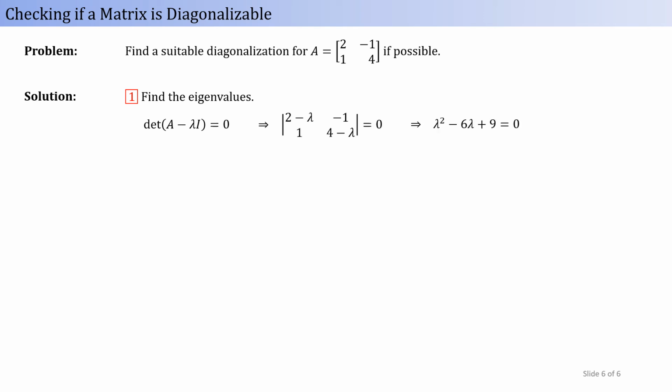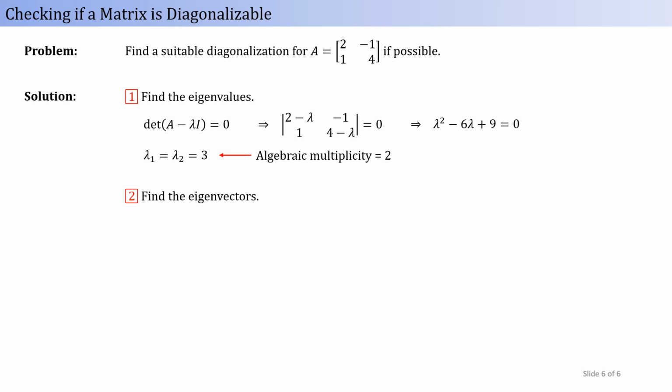So you do that and you get the characteristic polynomial. And if you factor that, it's actually a perfect square. It's like (lambda minus 3) squared, right? So you get that the eigenvalues are the same. They are a double root of this polynomial. So we say that the algebraic multiplicity is 2. Okay, we'll keep that in mind.